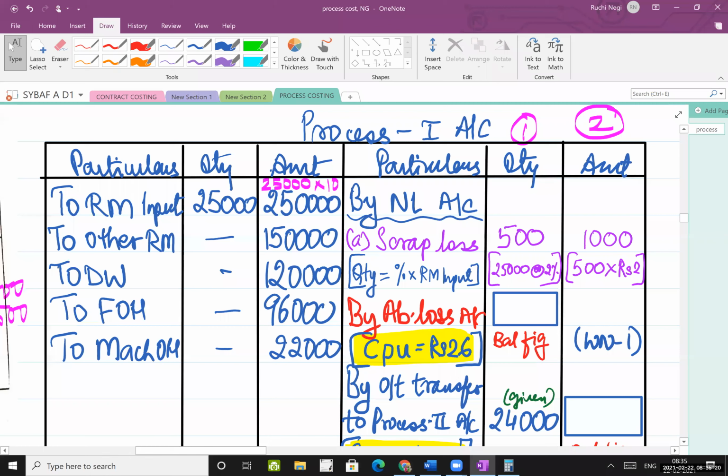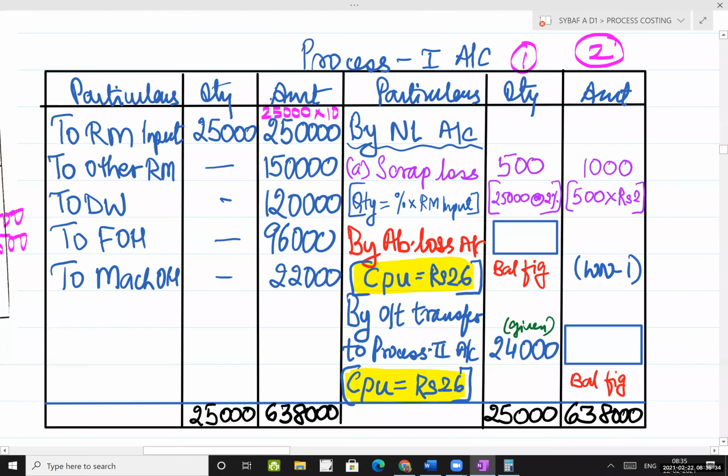Okay. Next, come to output. Output is how much? 24,000 kgs.